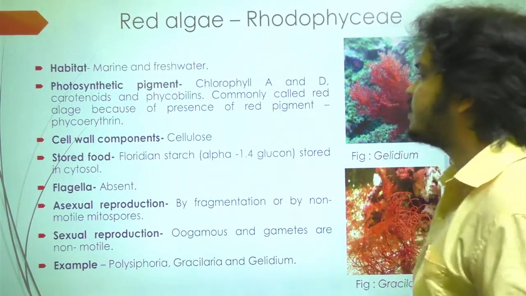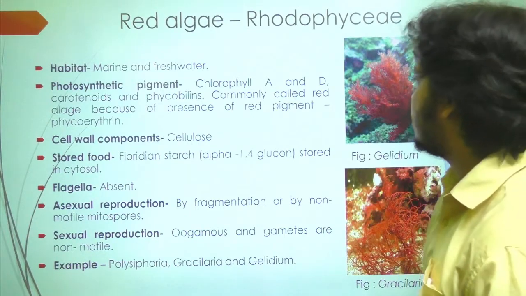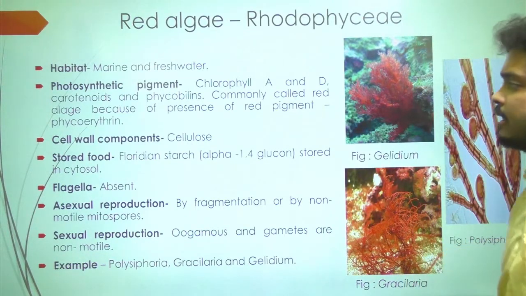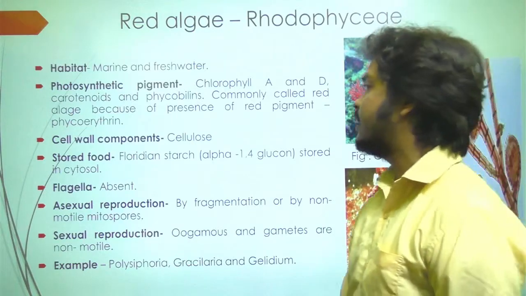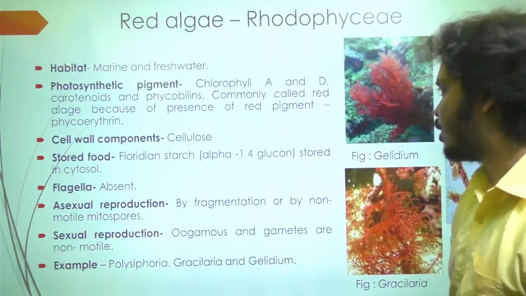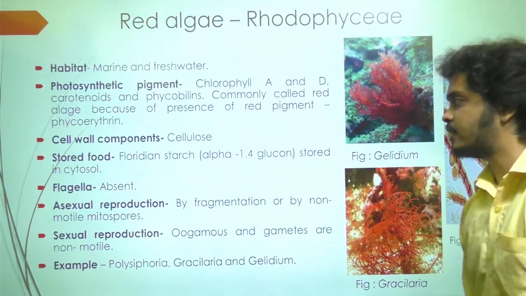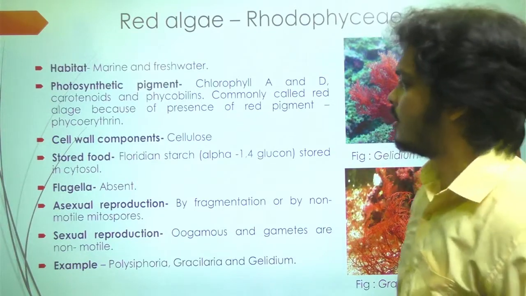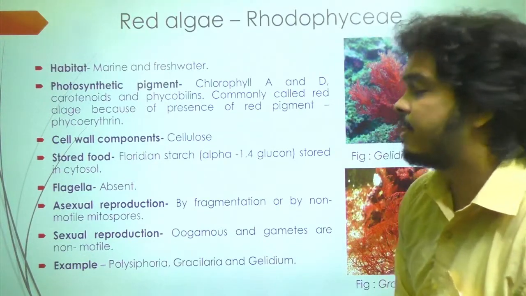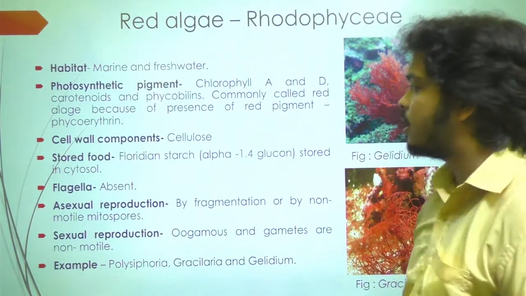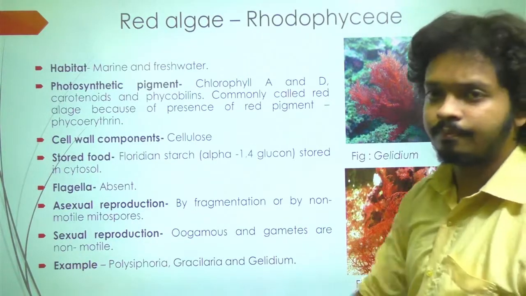Now, photosynthetic pigments: chlorophyll A and D, and carotenoids and phycobilins are also present. Commonly called the red algae because of the presence of the red pigment called phycoerythrin. Okay, it is called phycoerythrin.